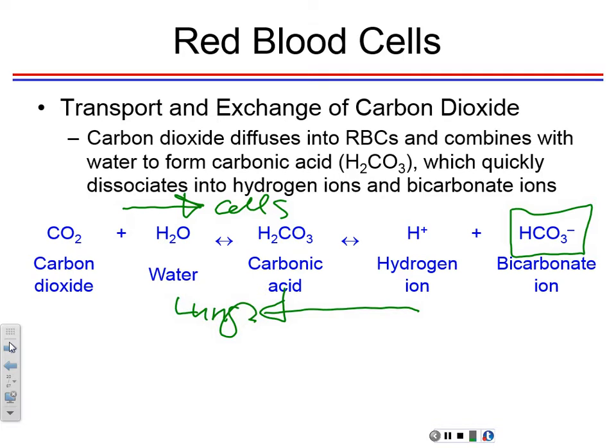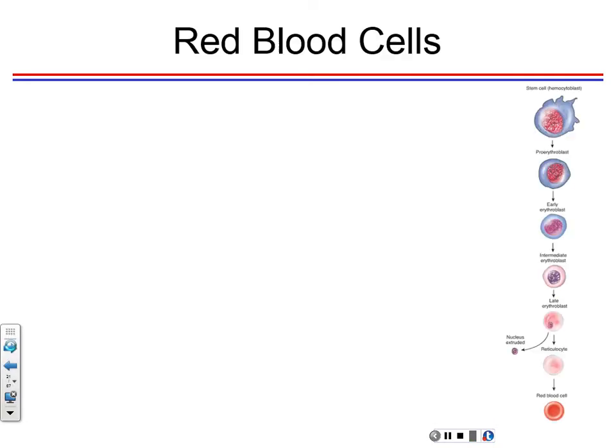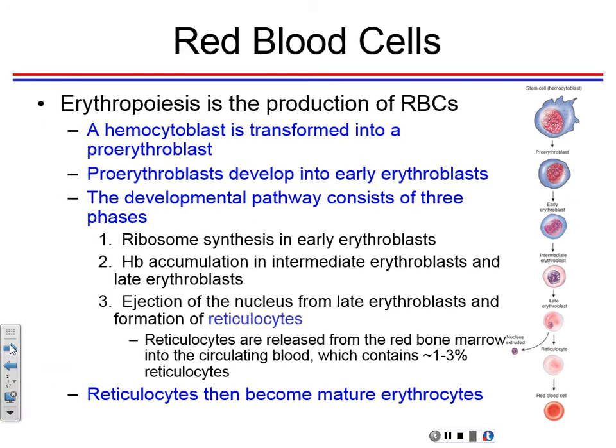In the lungs, you breathe out CO2, so the reaction is going to go back, and then this comes out. So carbonic anhydrase reversibly catalyzes this reaction: in the cells, carbonic anhydrase goes that way, and back that way in the lungs to breathe out the carbon dioxide. So that's the bicarbonate ion. 70% of carbon dioxide is transported that way.